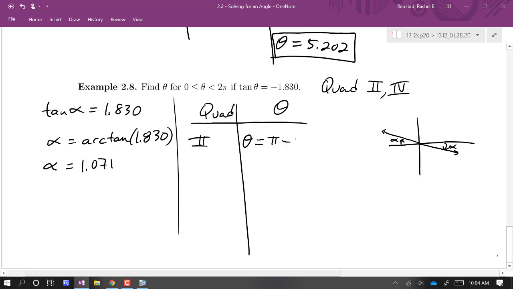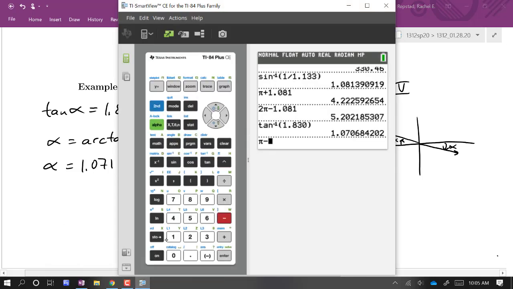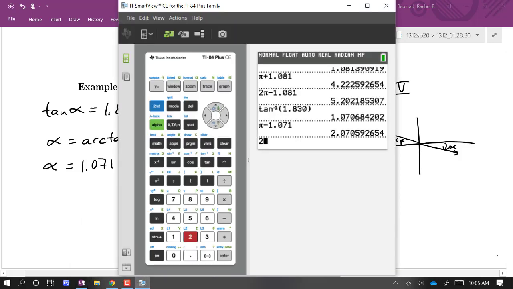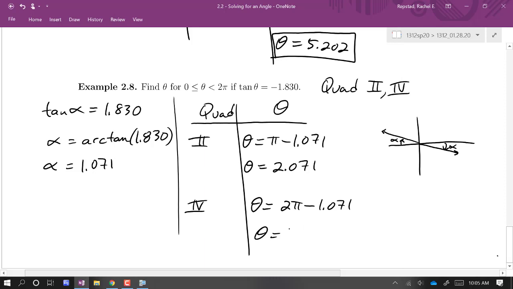So pi minus 1.071. 2.071. And in quadrant 4, how do we get theta? 2 pi minus 1.071. And 5.212. Questions?